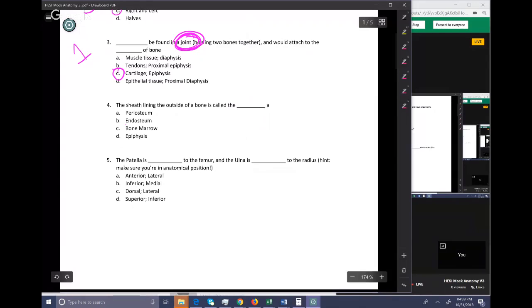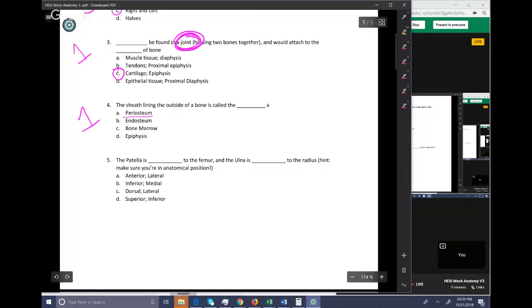Number 4, the sheath lining the outside of the bone is called the, and this is also from Anatomy 1. This one, hopefully you know this right off the top of your head, because this is one of the ones I really pointed out as being important, that the periosteum is the lining that's around the outside of a bone. If you knew that, you answered it and you're on with your life.